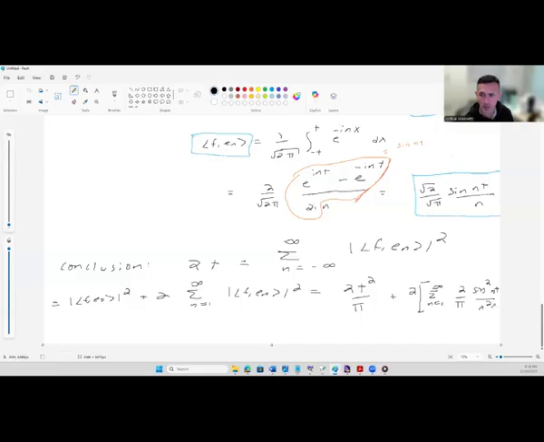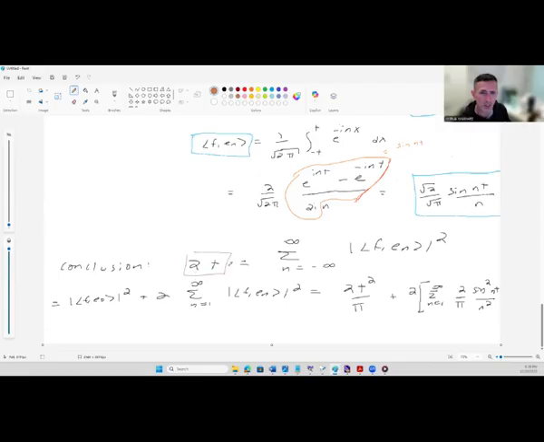And I have absolutely no idea how else you would get this. I don't think you would get this from Fourier series directly, because it's not a Fourier series. Sine squared, you don't get squares of exponentials from Fourier series. So I have no idea how you would get this without Parseval. But yeah, this is the conclusion.